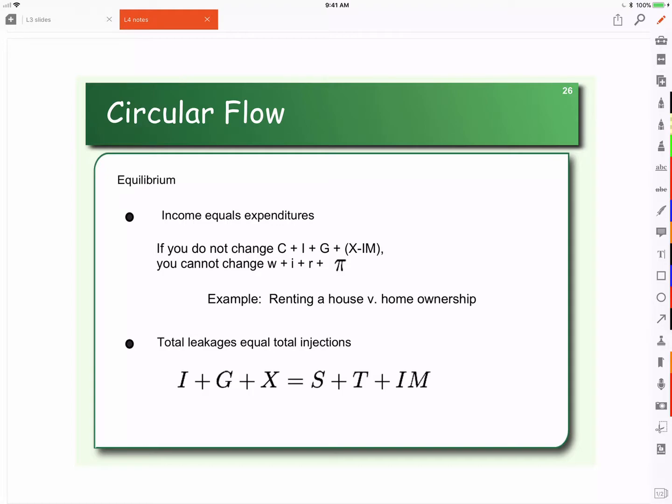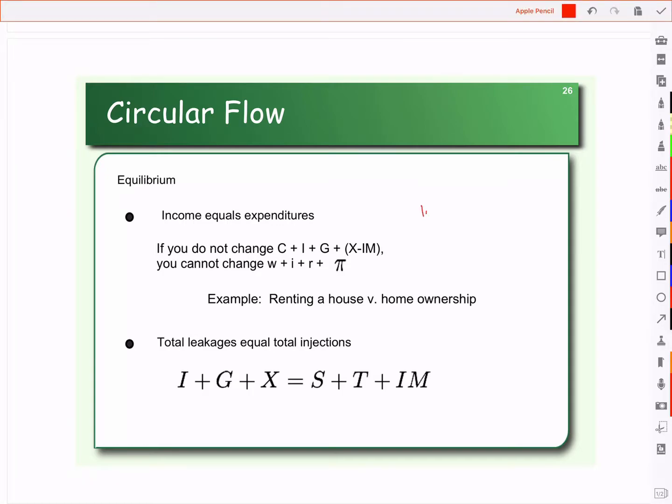Well, we do what is called imputing rent. So when Statistics Canada determines GDP, they assume that everyone is renting. Even if you have a home that you built and you've paid off, we assume that you're renting it from yourself.